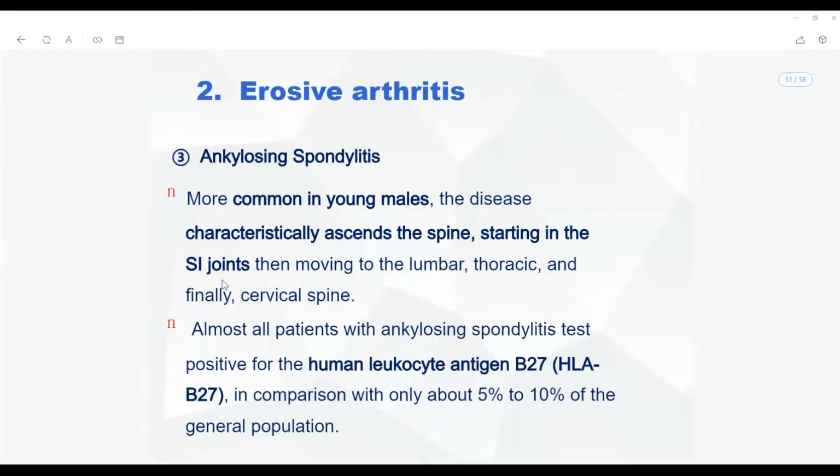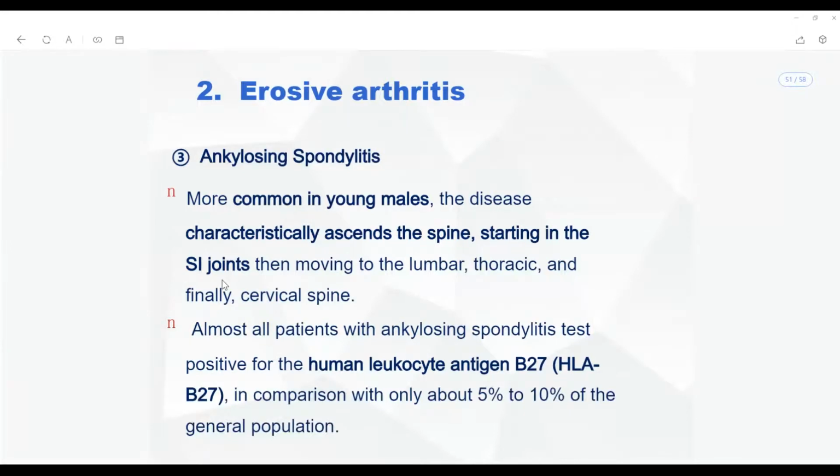It starts within the sacroiliac joints, but later in life goes up the spine, moving to the lumbar, thoracic, and finally cervical spine, which in particular has a relation to the HLA-B27 gene. Remember, ankylosing spondylitis is associated with the human leukocyte antigen B27.